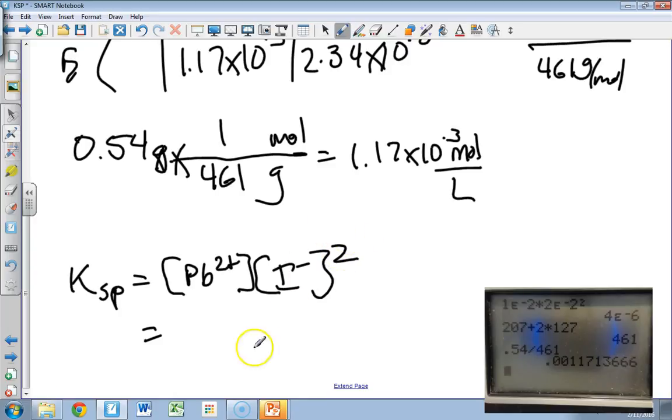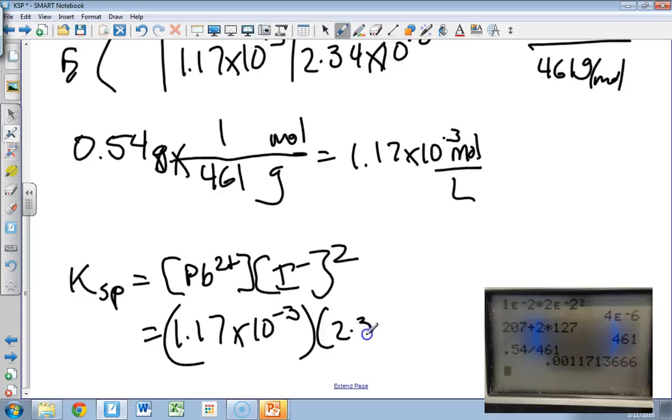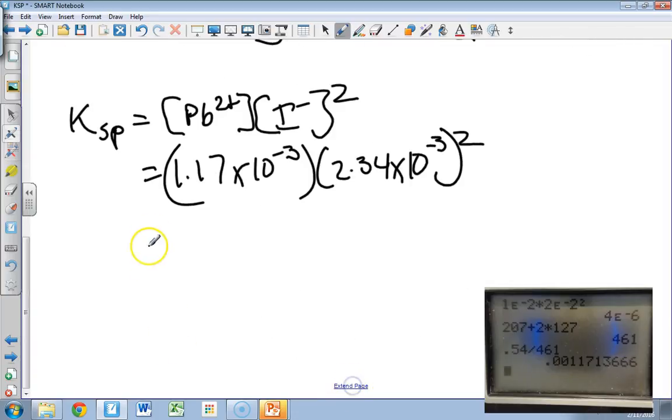This is the equilibrium part. We have to keep the equilibrium part separate from the stoichiometry part. So we go 1.17 times 10 to the minus 3 times 2.34 times 10 to the minus 3 squared, and now we math it.